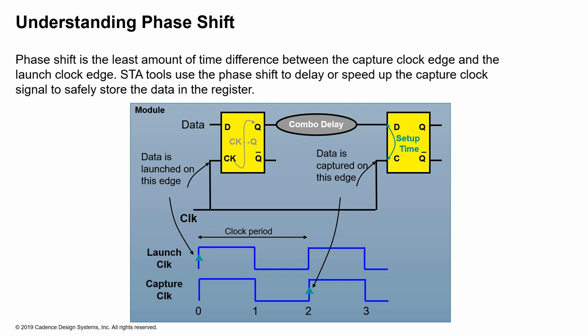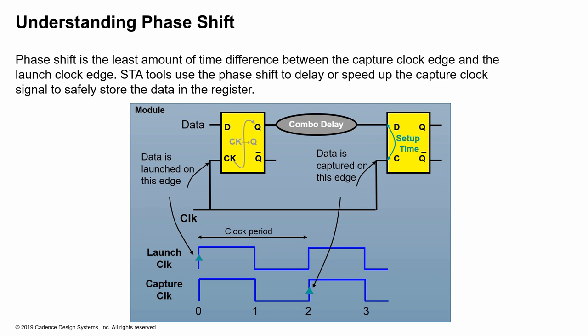So phase shift is a concept that is frequently used to report different launch and capture edges in the tools. It makes it easier for recording the data in the form of a timing report.